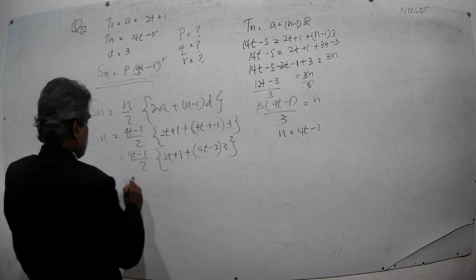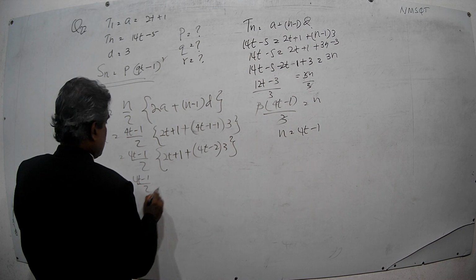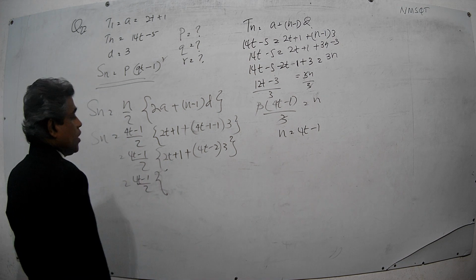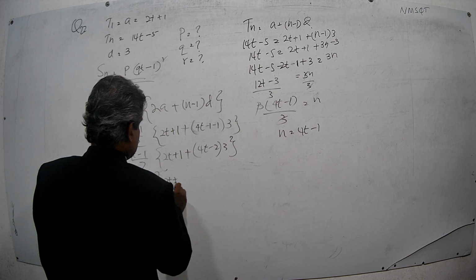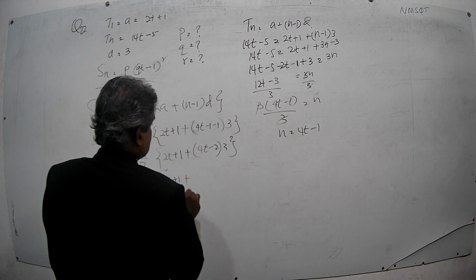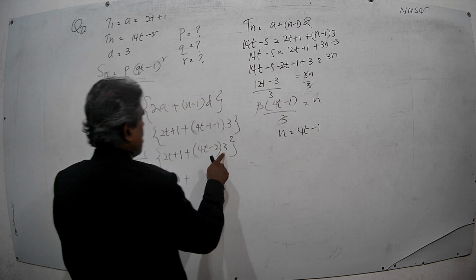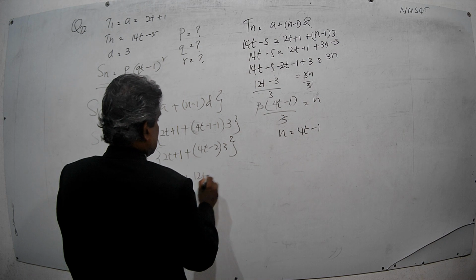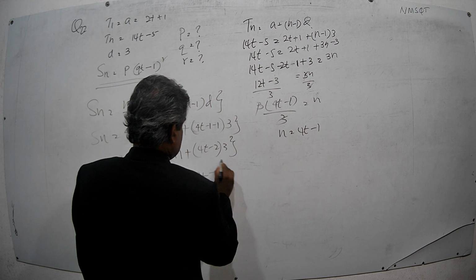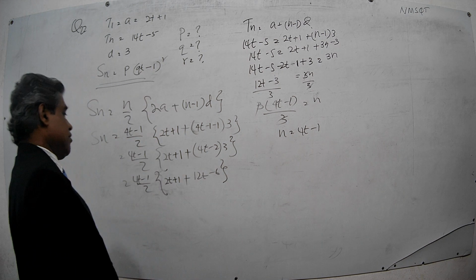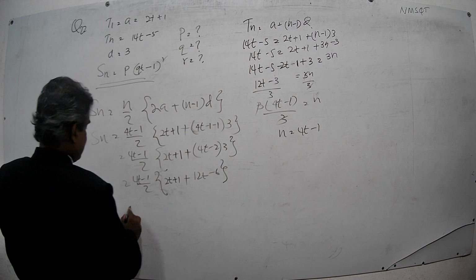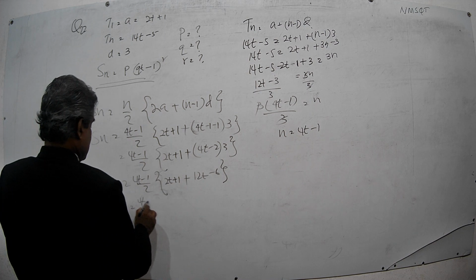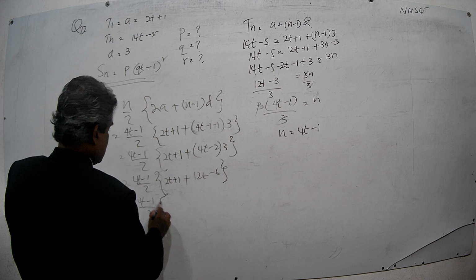Then it will be 4t minus 1 over 2, brackets, then 2t plus 1, plus then here you remove brackets by multiplying by 3. 3 times 4t is 12t. 3 times minus 2 is minus 6. Inside you can simplify 4t minus 1 over 2.